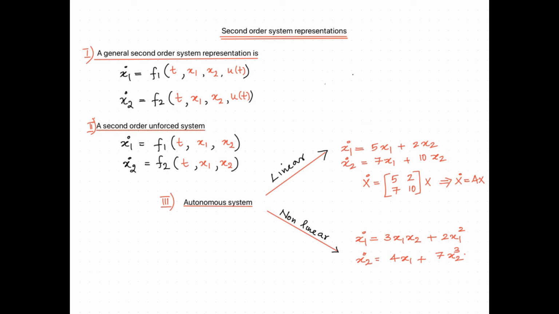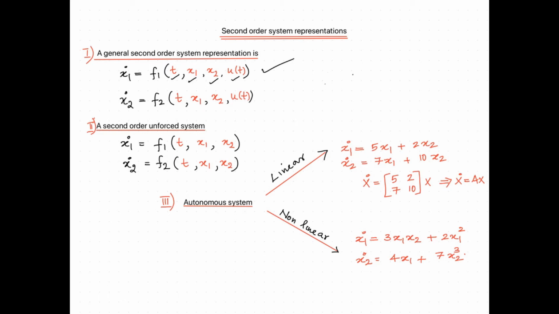We have different types of second order systems. A general second order system description would be x1 dot is equal to f1, which is a function of time, x1, x2 and u of t, where x1 and x2 are the states of the system and u of t is the forcing function.